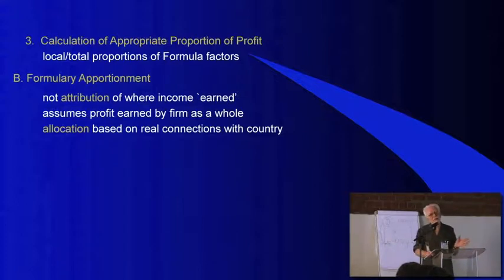Now, what's important to understand is this profit apportionment is not an attribution of profit. It's a fundamentally different approach. Now here, there's room for debate about the economic implications of it. I think unitary taxation goes with certainly the microeconomics of the firm.